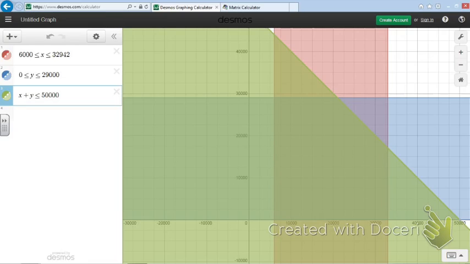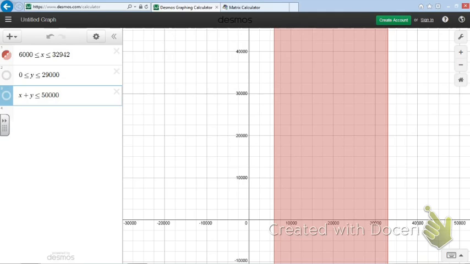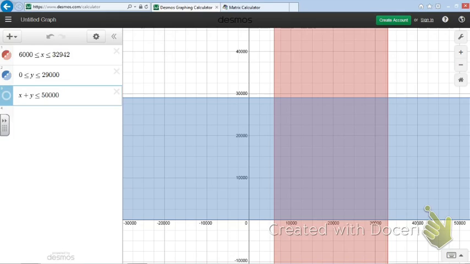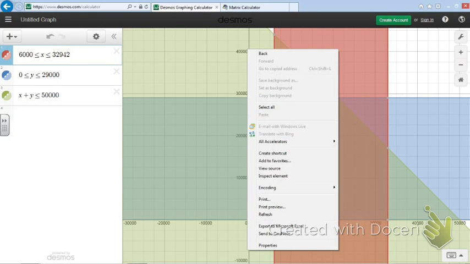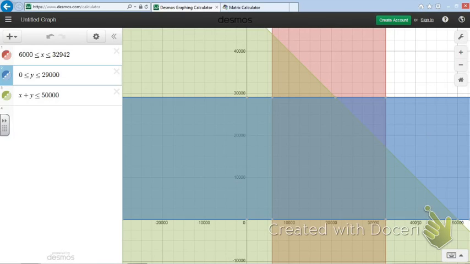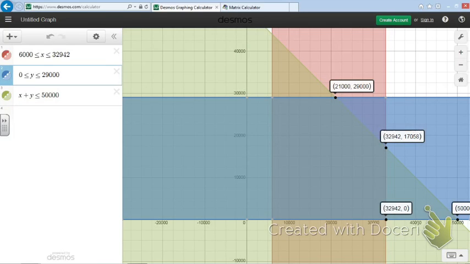But I'm going to close this a little bit so that you can see where the x's are limited, and then I'm going to throw in the y's there, and so now I'm in that little blue box, and then my next inequality, so that I have corner points at these locations. Okay, so those are all my corner points there, and so I have several of them.